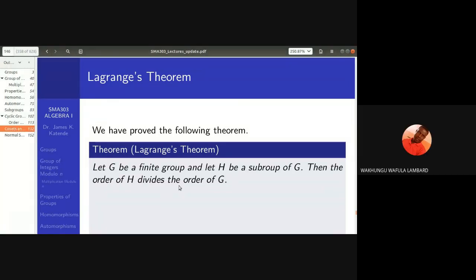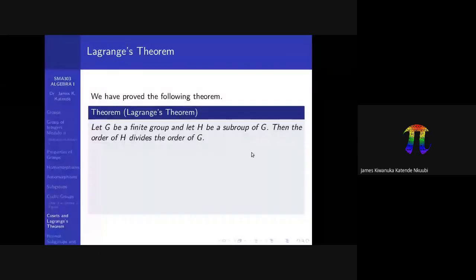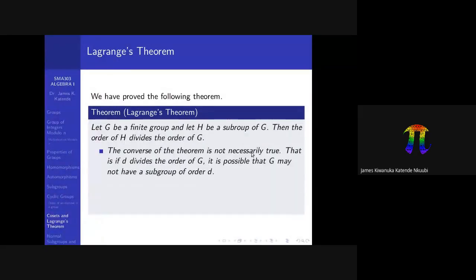No questions. Good. So we will proceed. Now, the converse of this theorem is not necessarily true. If we have a factor of the number of elements in a group, it's possible that G may not have a subgroup with that number of elements. For instance, suppose you have a group with 12 elements.